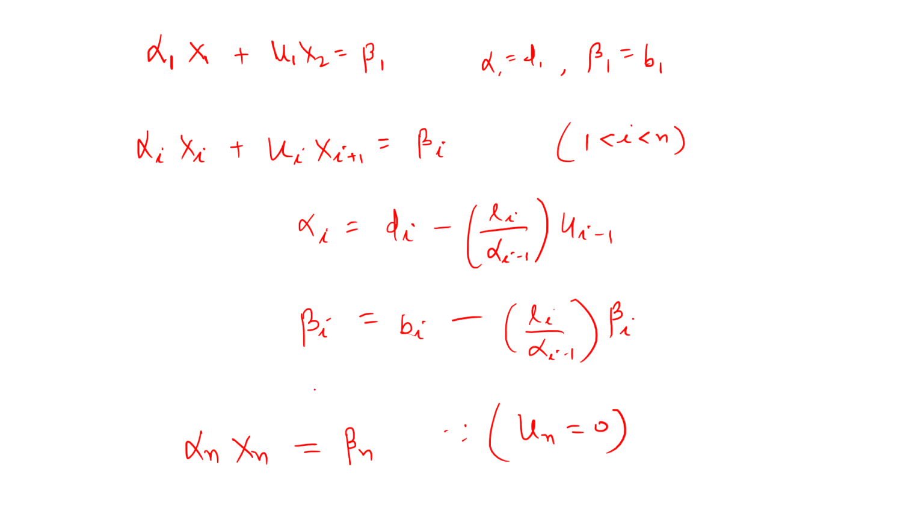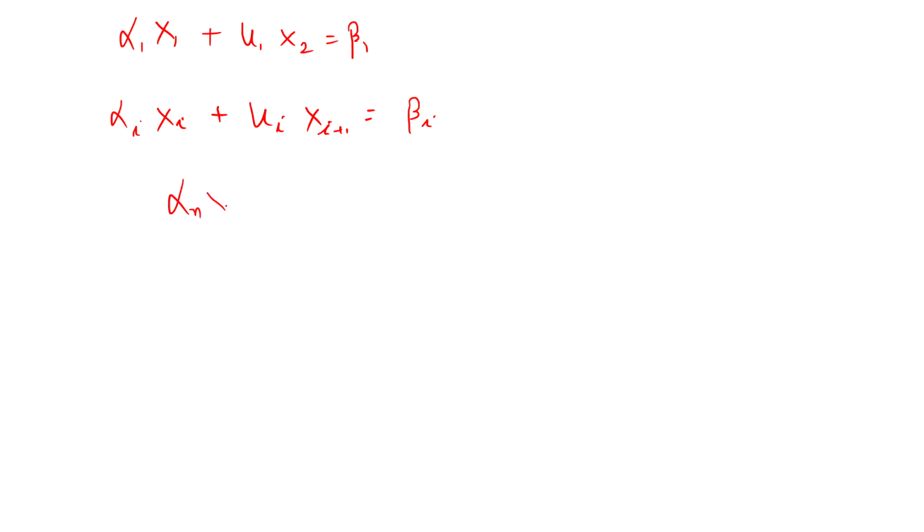So the equation system is that I have alpha 1 x1 plus u1 x2 is equal to beta 1, and then alpha i xi plus ui xi plus 1 is equal to beta i. Then I have the nth equation as alpha n xn is equal to beta n.